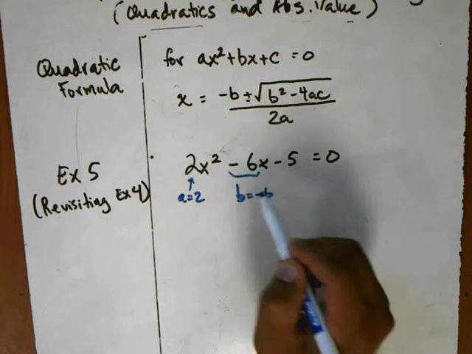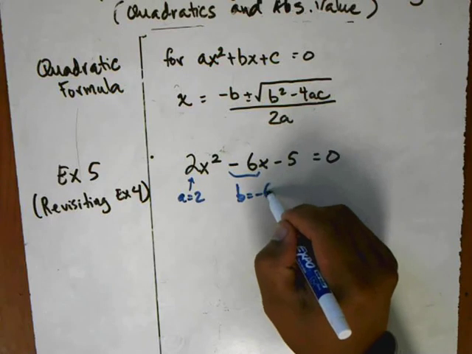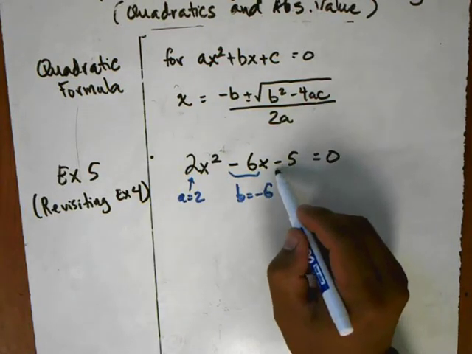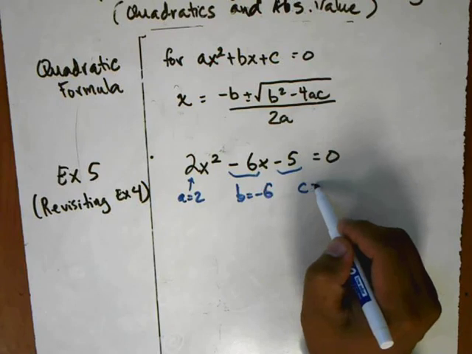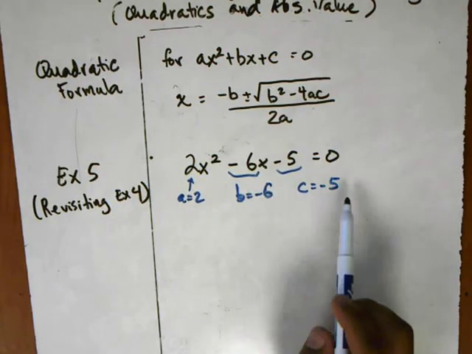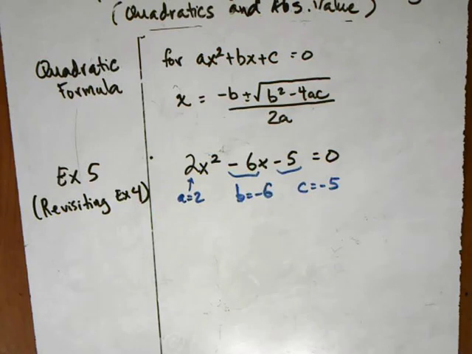Let me write my b's and my 6's neatly here. That's a b and that's a negative 6, and then c is negative 5. So we have these three values.